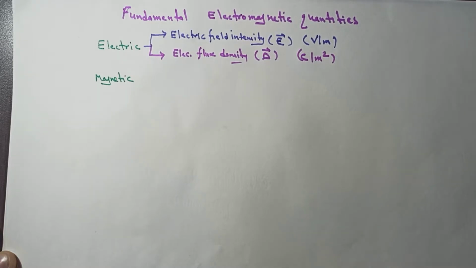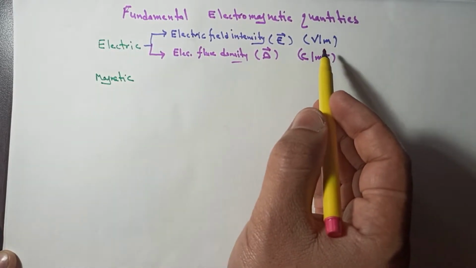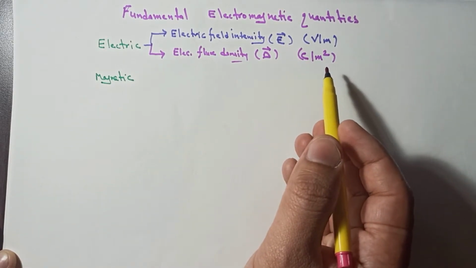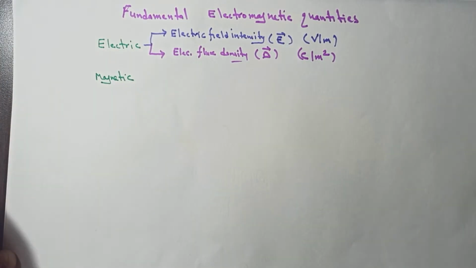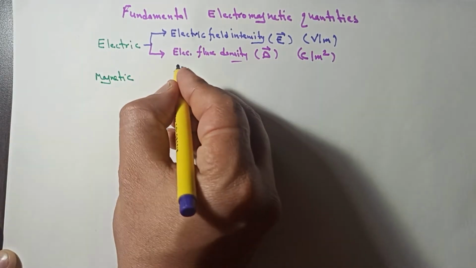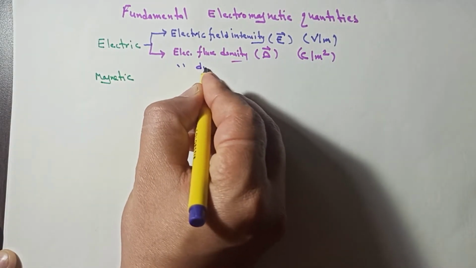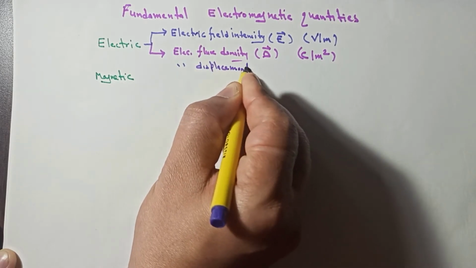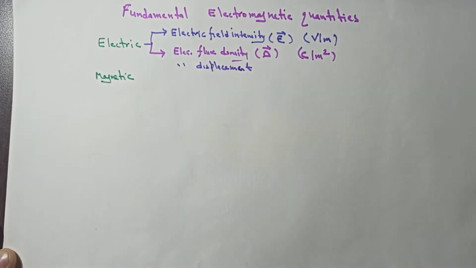Okay, so two electric quantities which are used basically in electromagnetics: electric field intensity E, unit is volt per meter; electric flux density D, coulomb per meter square. This electric flux density is also called electric displacement.